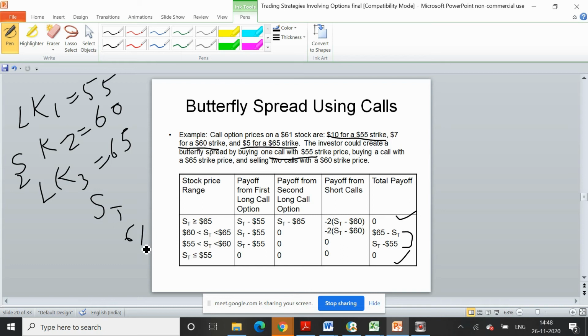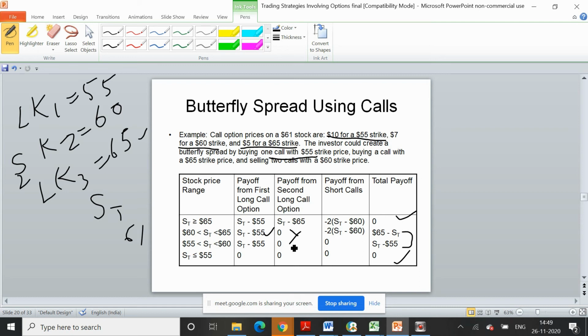Long call means you have the right to buy, so would you like to buy it from the market at 61 or at 55? So the option contract will be exercised. So 61 minus 55, it is plus 6. Payoff from the second long call. Would you exercise the option contract or buy it from the market? You will buy it from the market, so the option contract will not be exercised.